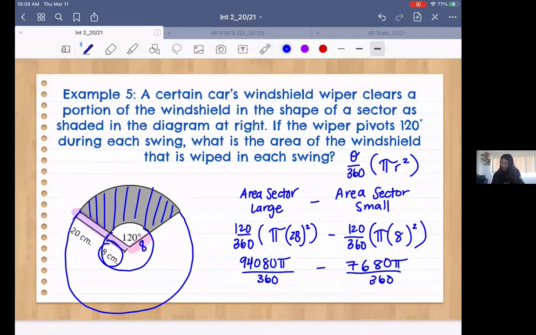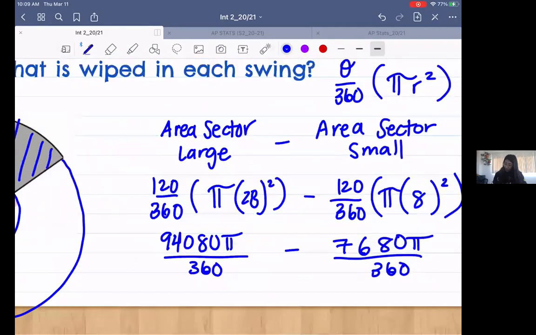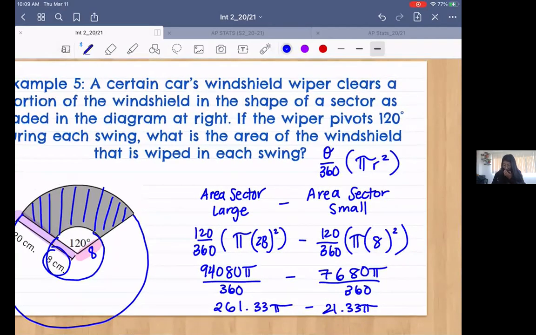And then individually, if I continue to divide these out, it's 261.33 pi. And I'm going to subtract from that 21.33 pi. And therefore, my final answer is that the area of just the windshield wiping piece is going to equal 240 pi, and which unit am I in? I am in centimeters, and then squared, okay?